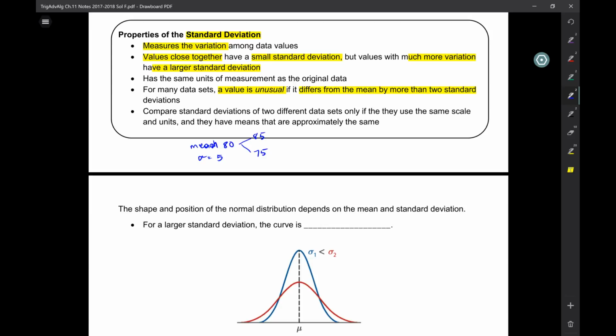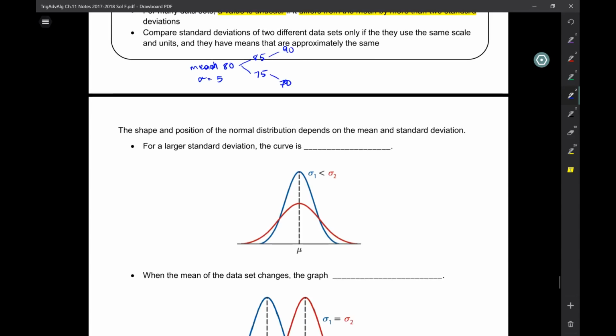Now, what happens if you go 2 standard deviations? Adding 5 plus 5 and subtracting 5 minus 5, you get 90 and 70. So if the mean was 80 and somebody scored lower than 70, that's more than 2 standard deviations away, and we say that's an unusual score, because everybody scored around 80 and that one person got a 69.